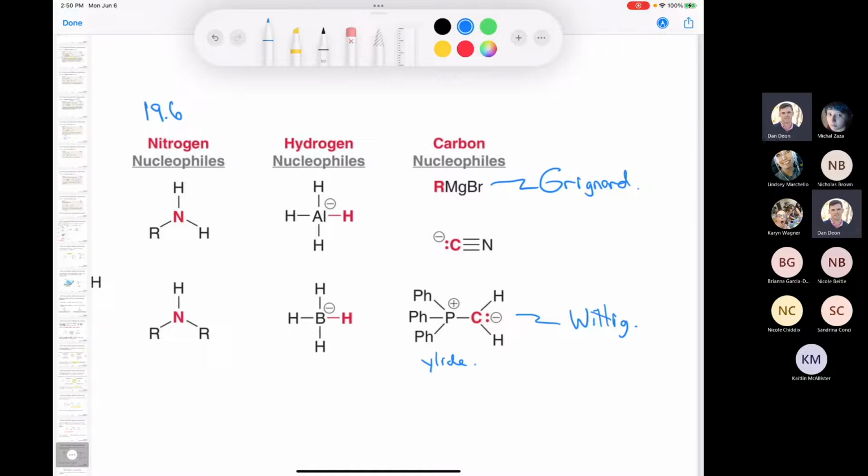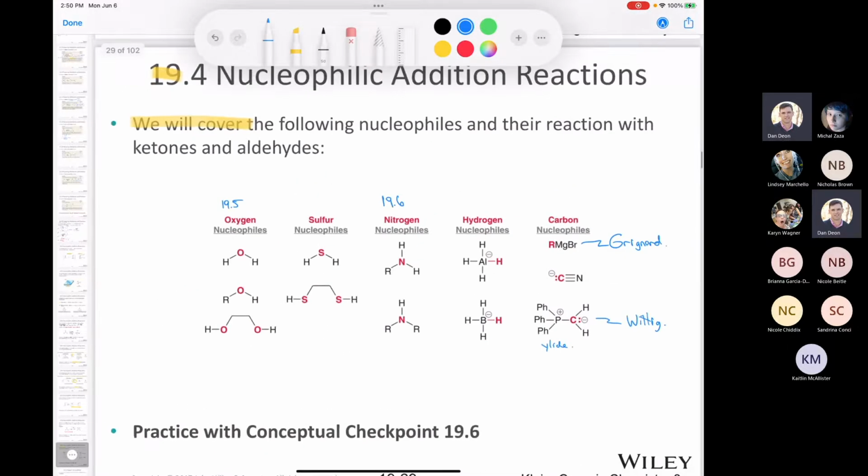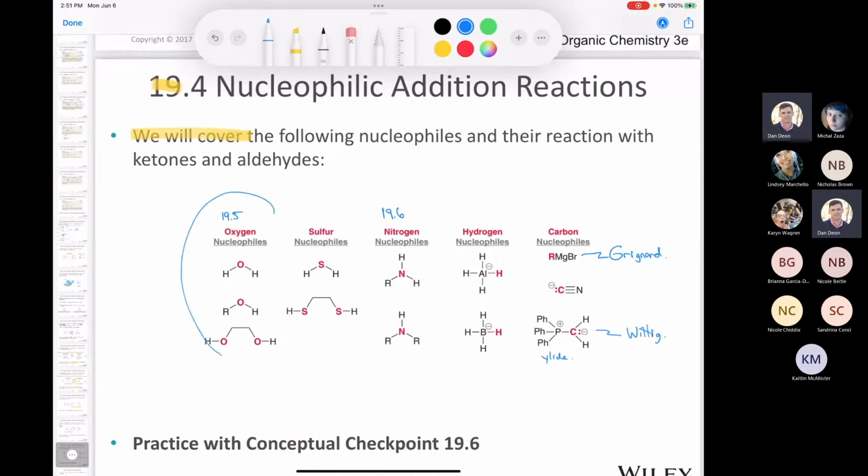So a very important reaction in organic chemistry because it's a new way to make carbon-carbon bonds. But we're going to start by focusing on oxygen as a nucleophile. So without further ado, let's get into section 19.5 where we talk about oxygen nucleophiles.